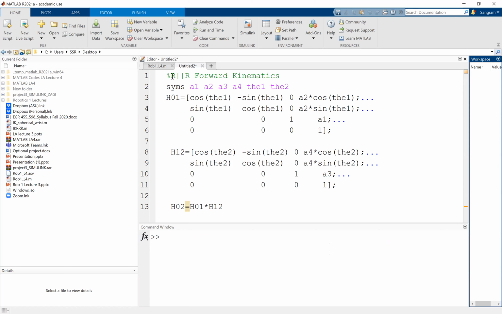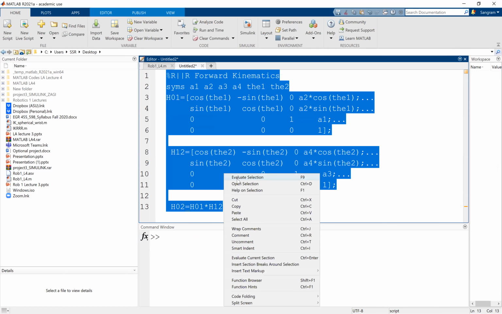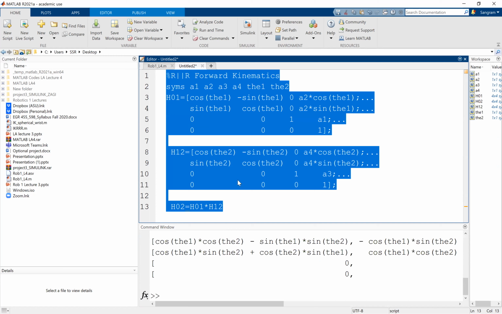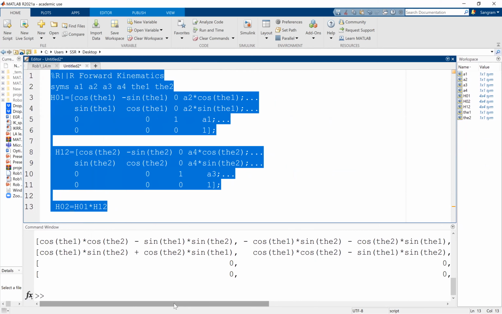Now, assuming I did not make any mistake, I would run this. And this is what I have. Believe it or not, this is the solution of the forward kinematics problem.